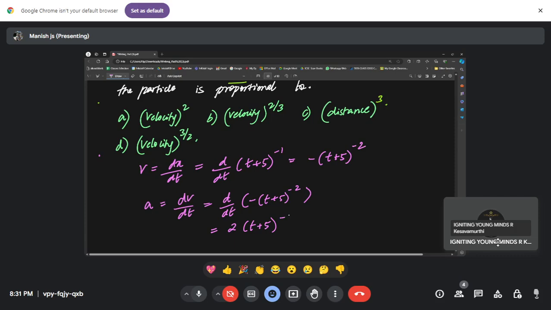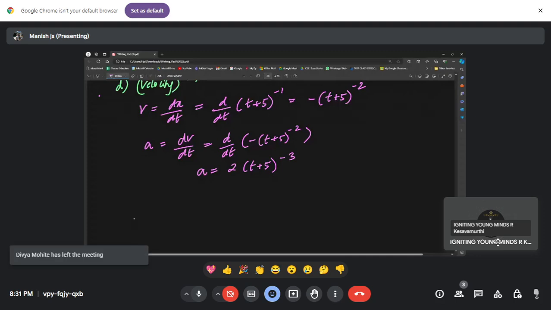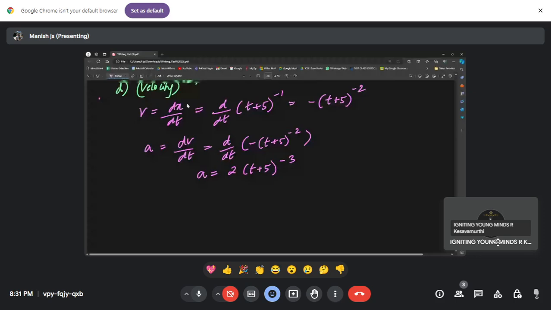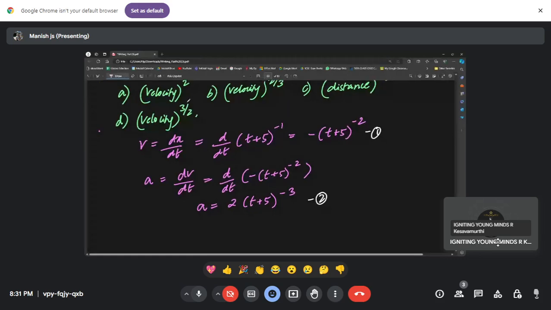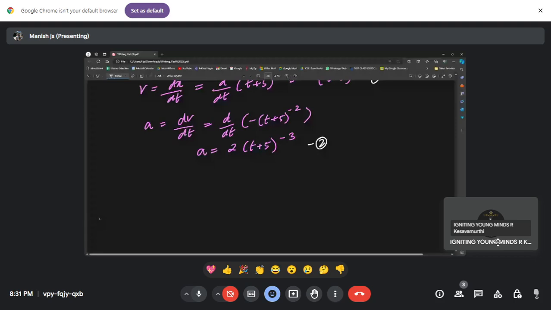Once you got this relation, what will you get from the previous equation of velocity? Let us mark that particular equation as 1 and this equation as 2. You know that from equation 1, you can write v to the power 3 by 2 is equal to minus (t plus 5) whole to the power minus 3.